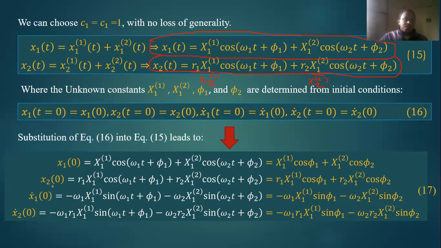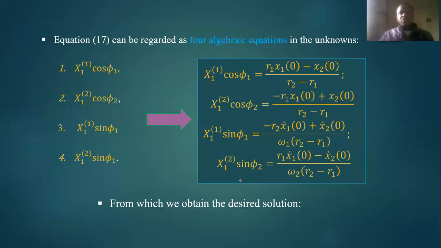Again, x2 of 0, we can get this equation. Substituting 0 here, we get this equation, and the derivative of x2 of 0, differentiating this one, we get this equation. So these are the applications of initial conditions.